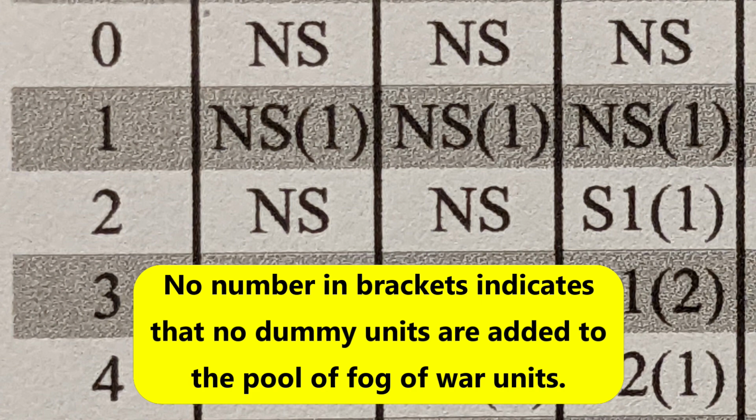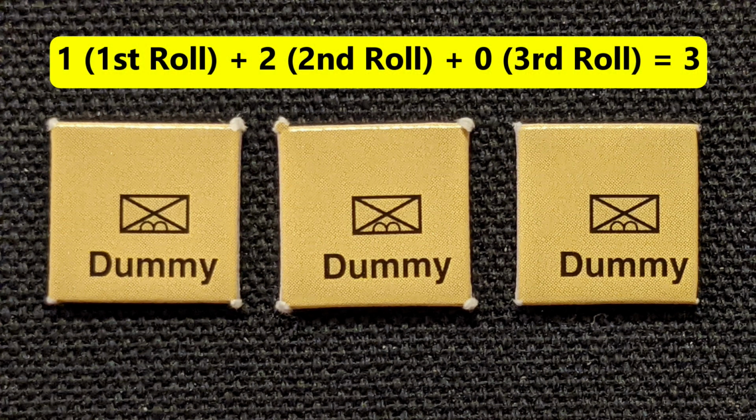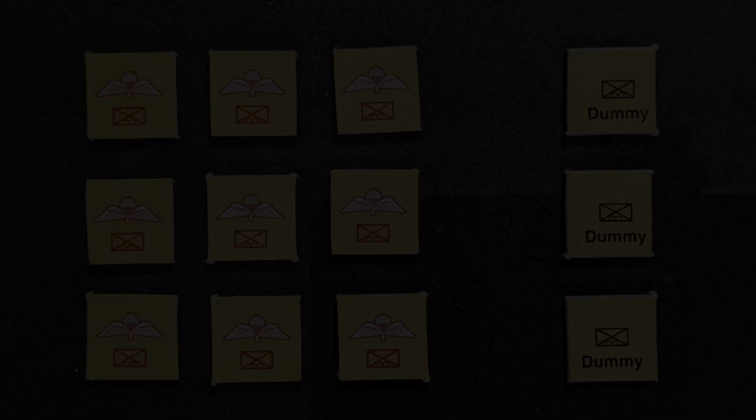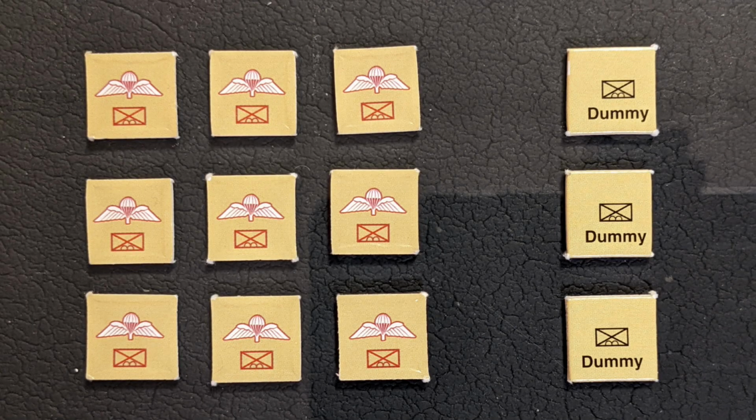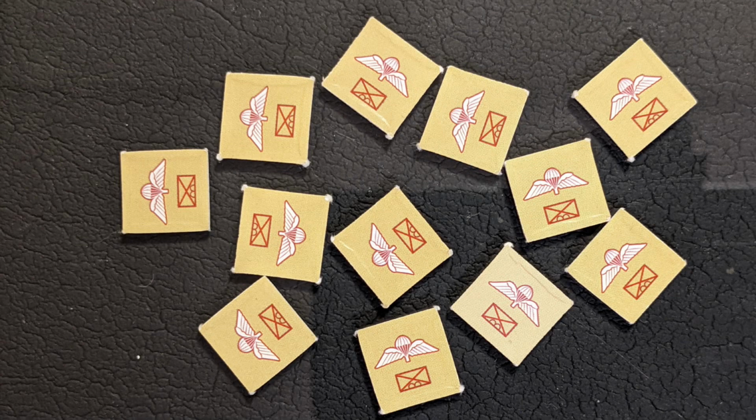So, in total, you will add 3 dummy units, 1 for the first roll, 2 for the second, and 0 for the third. Now just add the 3 dummy units to the pool, flip them over to their fog of war side, and shuffle them all together, being careful not to reveal any of their identities in the process.